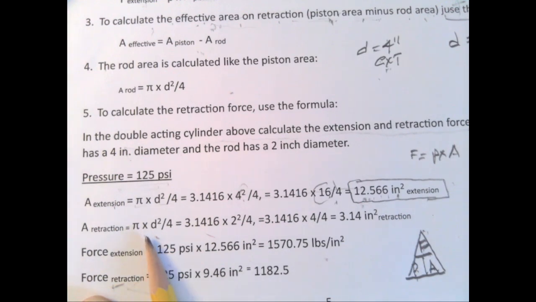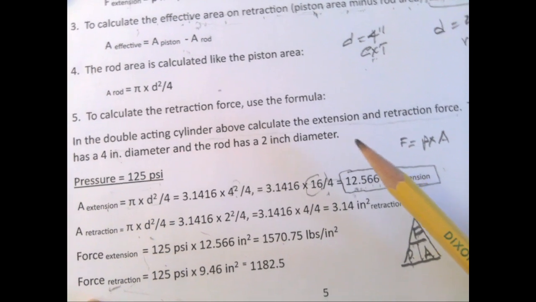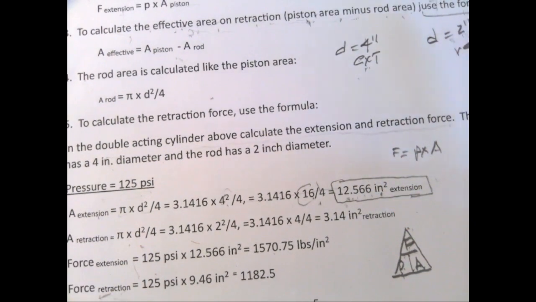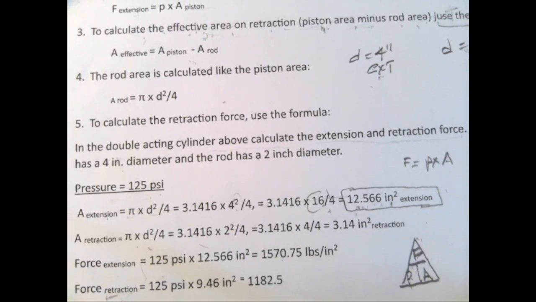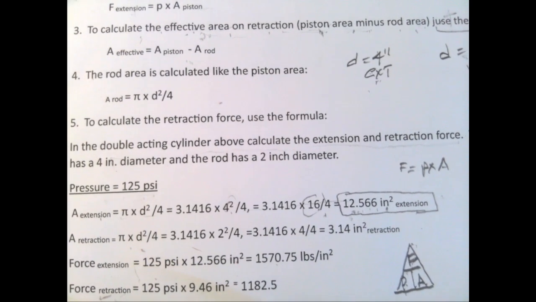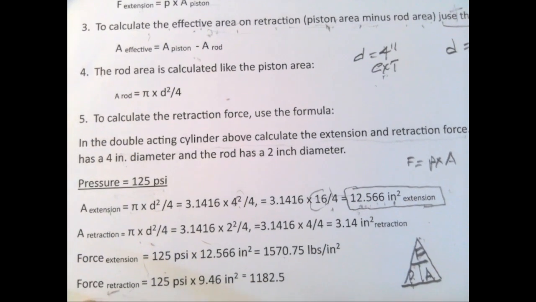So next we're going to take this one, and look what we're dealing with. You can't see him, but he's hiding right here, the 2-inch right up there. We're going to use the 2-inch diameter circle. Okay, so that calculation is going to be pi times the diameter squared divided by 4 equals 3.1416 times 2 squared divided by 4.